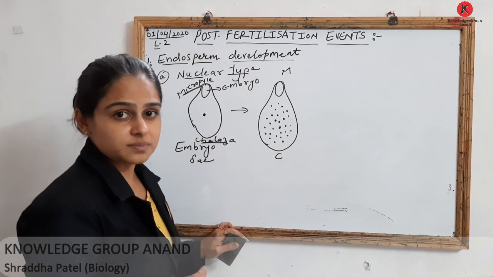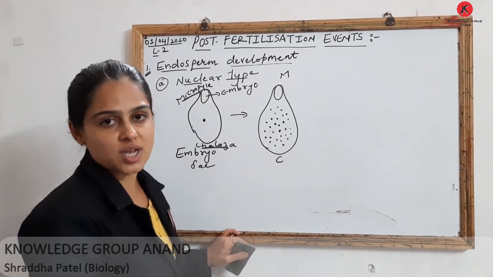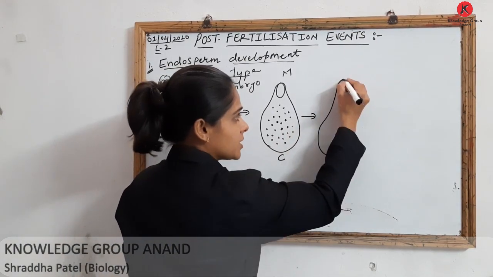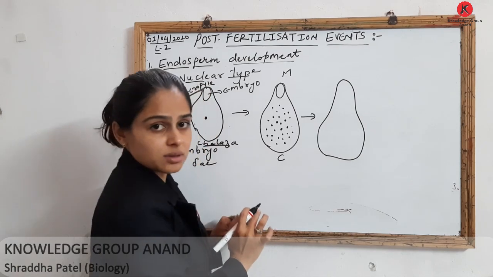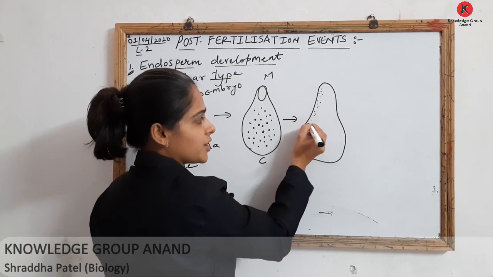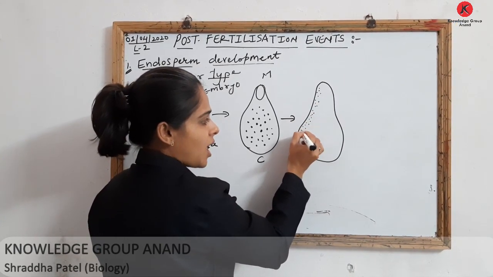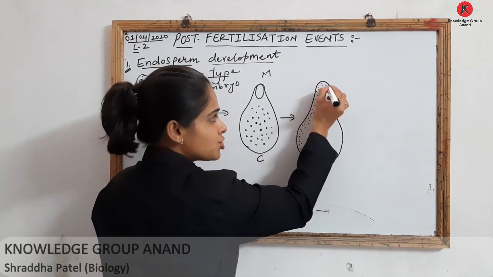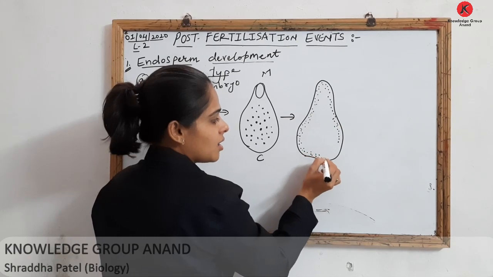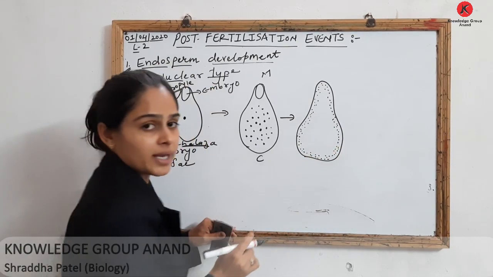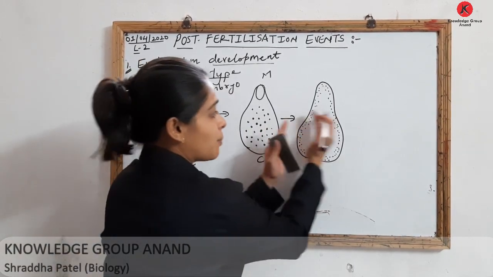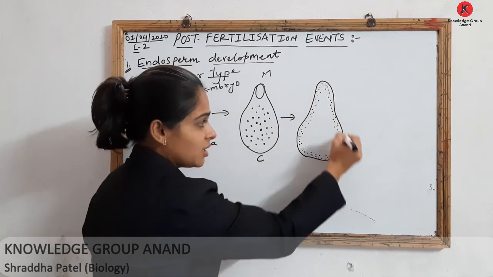As this division progresses, these free nuclei are pushed towards the periphery, creating a central large vacuole.